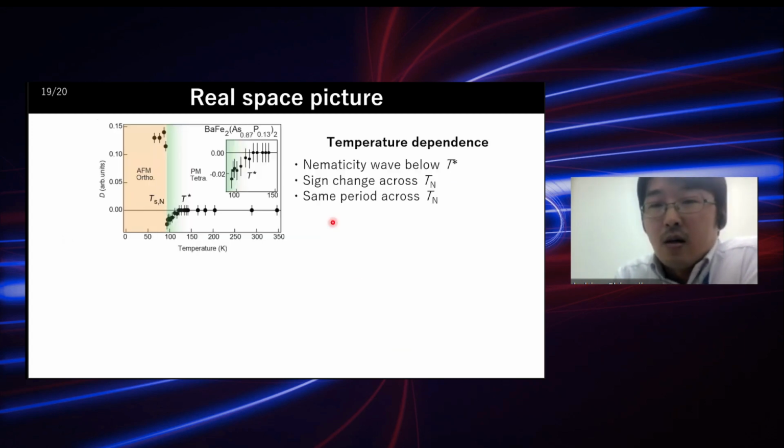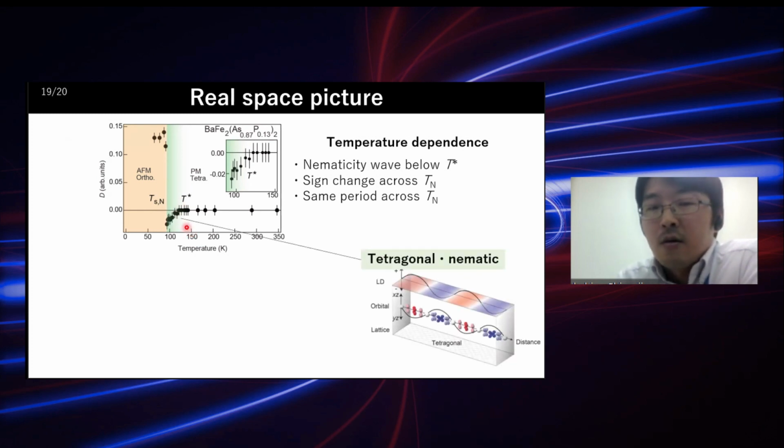And for the temperature dependence, we observe the nematicity wave below T star for the 1 to 2 system. So in this green region, the lattice is totally tetragonal and the electrons show the nematicity.